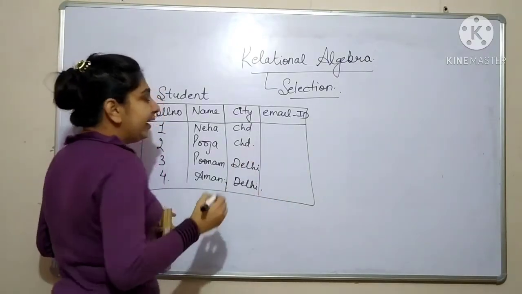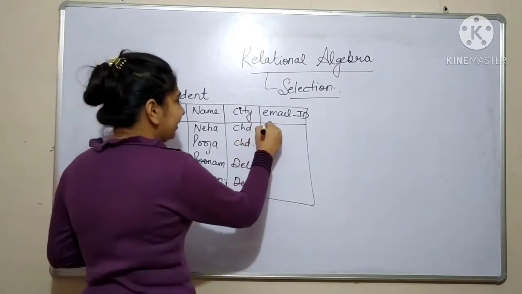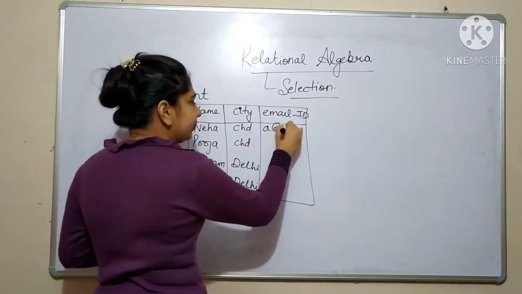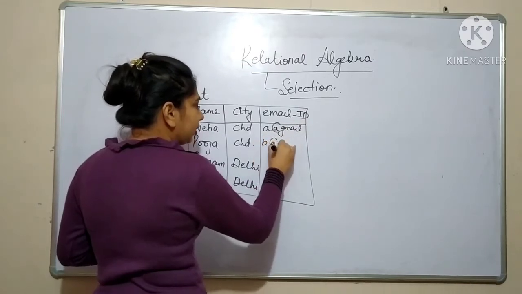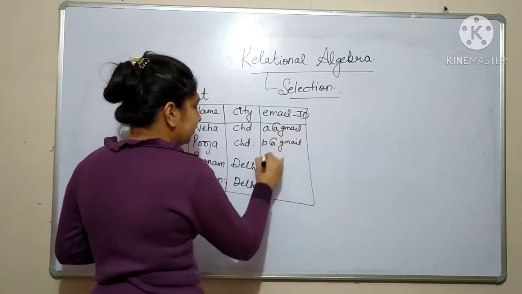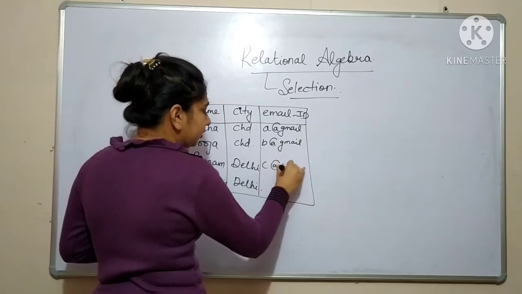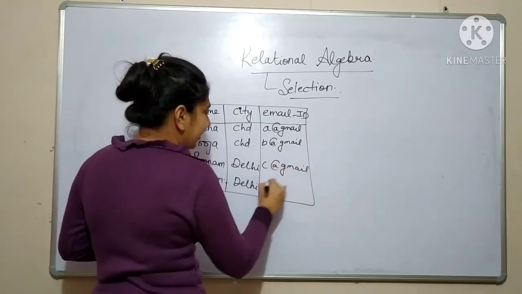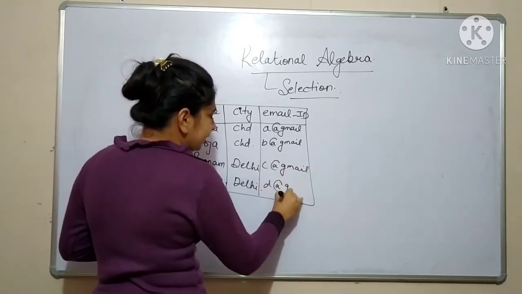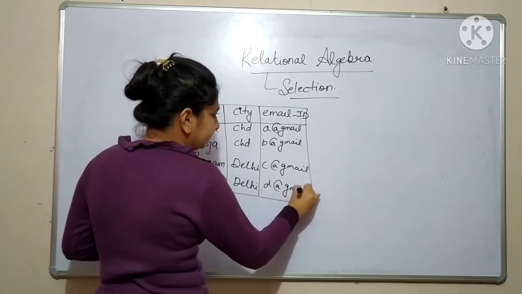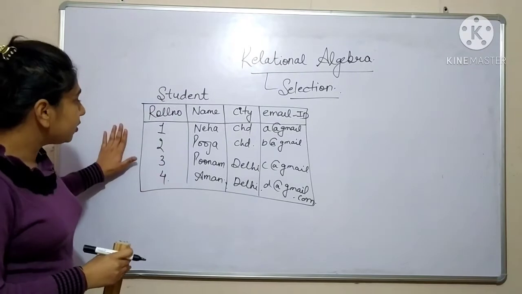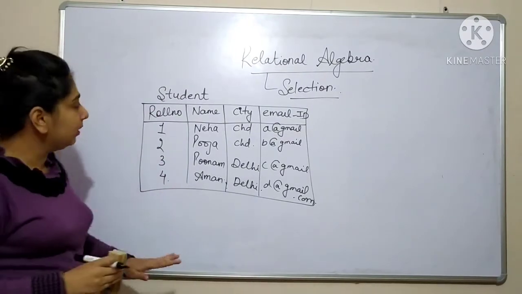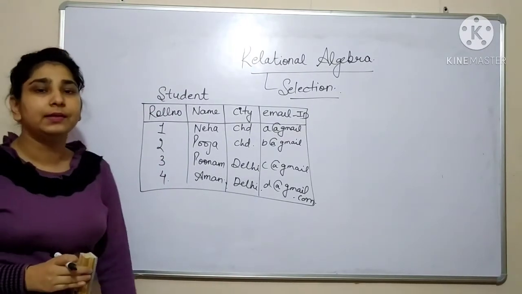The email IDs are a@gmail.com, b@gmail.com, c@gmail.com, and d@gmail.com. So this is the relation given.